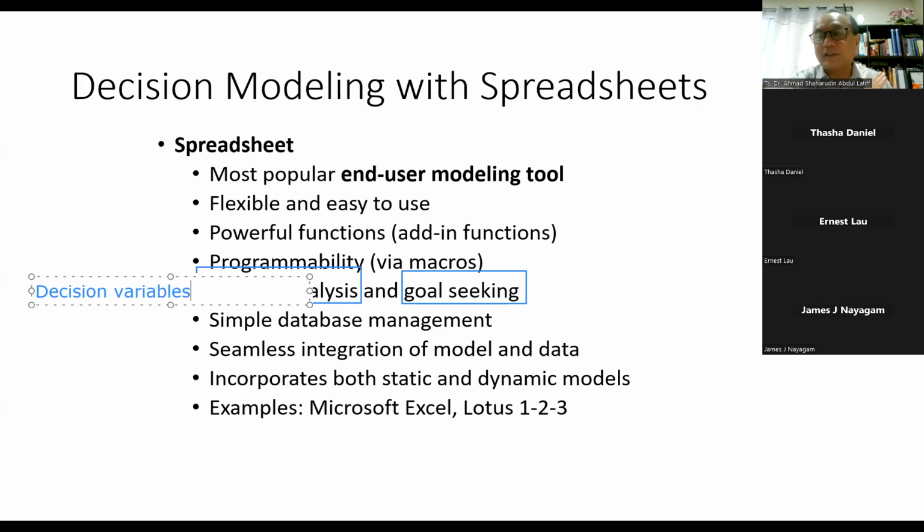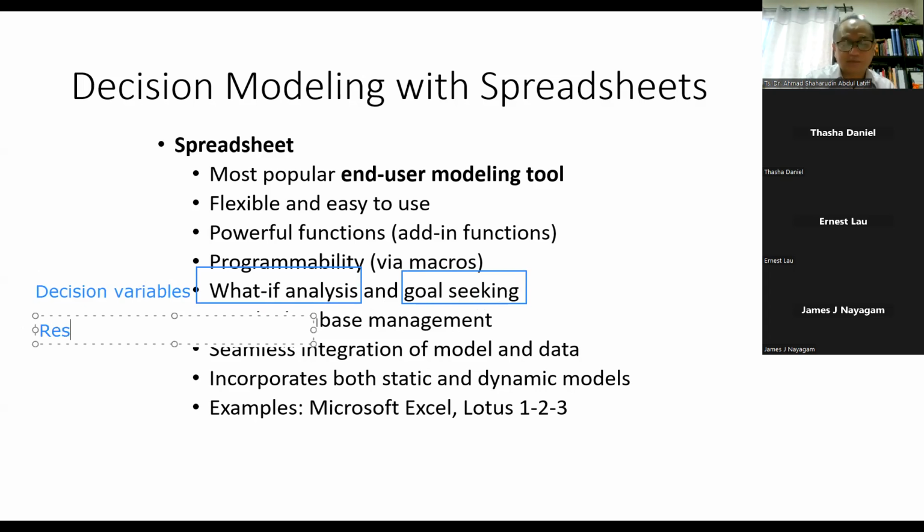Remember, we learned just now decision variables and result variables. Always remember these things: decision variables, result variables, and then uncontrollable variables. Decision variables and uncontrollable variables are independent variables. Result variables are dependent variables.